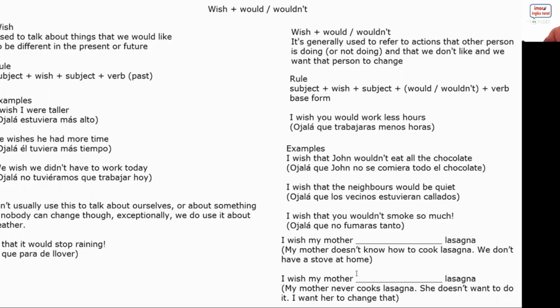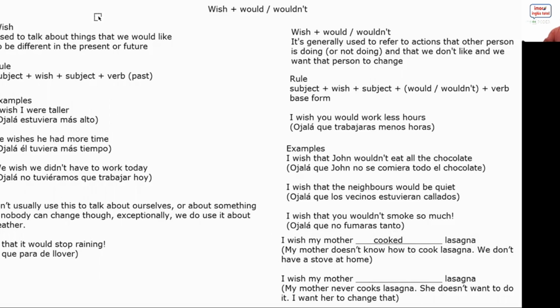I'm sure you have the answer for the first sentence by now. And let me tell you that your answer is correct. I'm sure that you use the verb cook in simple past to complete the first sentence. Why?